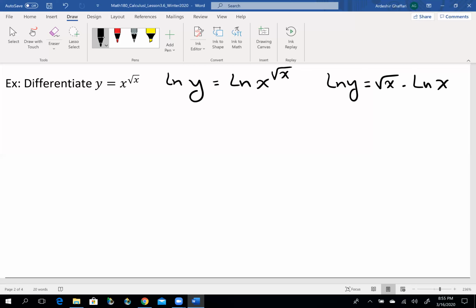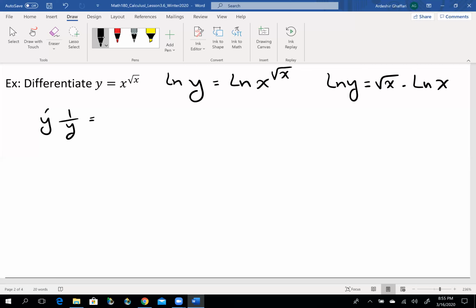The other word is just y prime. And then the derivative of natural log of y is going to be 1 over y.